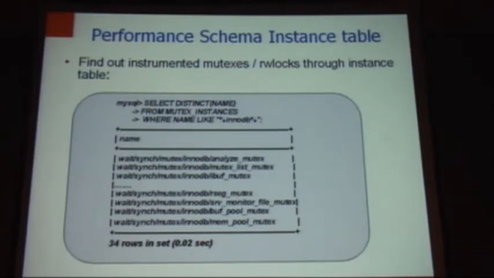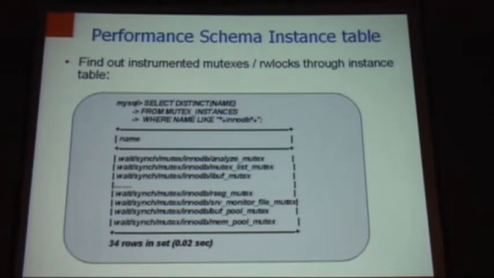In performance schema, there are about 18 tables in total, probably grouped into 4 groups. There are instance tables, which tell you which mutexes are actually being instrumented: the mutex instance table, the RW lock instance table, as well as the IO instance table.